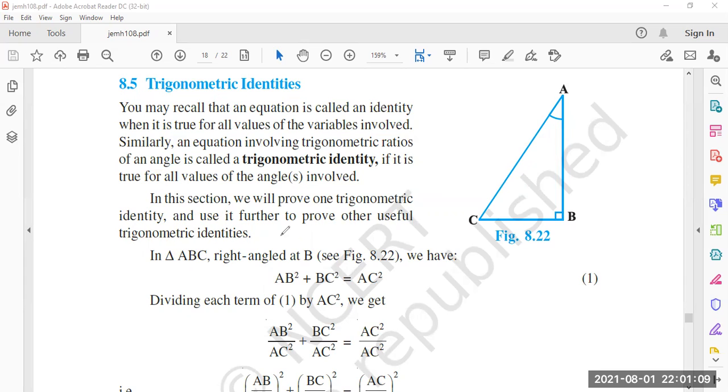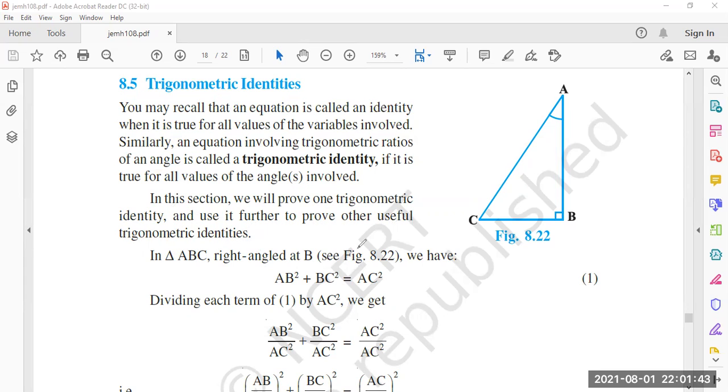In this section, we will prove one trigonometric identity and use it further to prove other useful trigonometric identities. Let me tell you, in this concept, we have three trigonometric identities. In ninth standard, you studied at least eight algebraic identities, but in this particular chapter, or even in 10th standard, especially in trigonometry, you will study only three trigonometric identities.